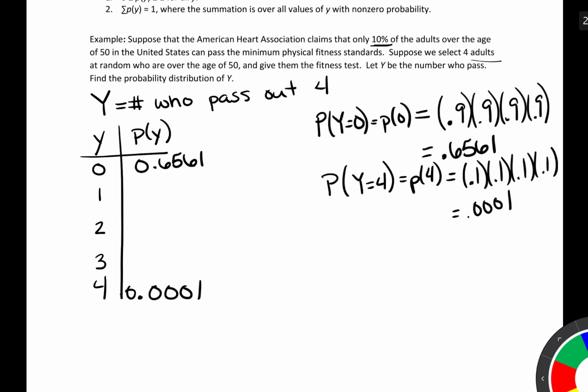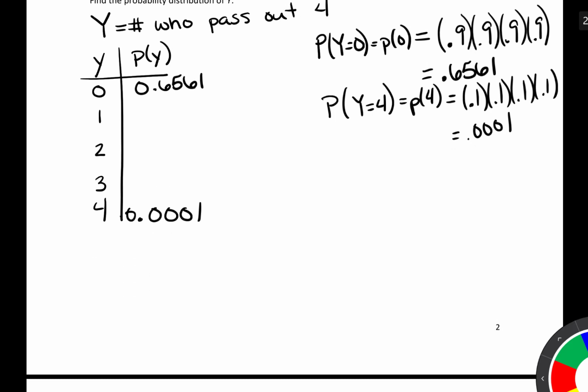Okay. Now we have to be a little bit more careful when we calculate the probabilities for 1, 2, or 3. And the reason for that is we have to find the different ways in which these can occur.